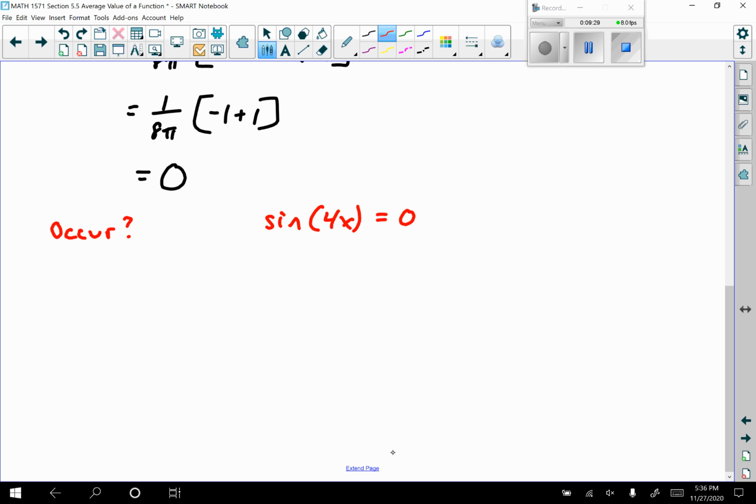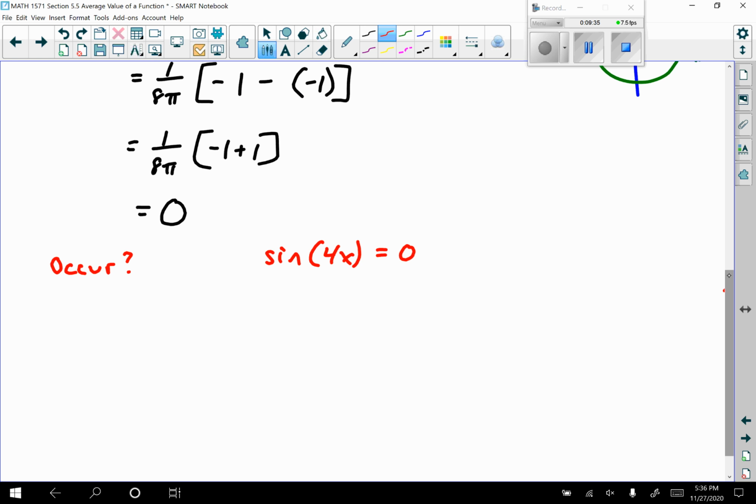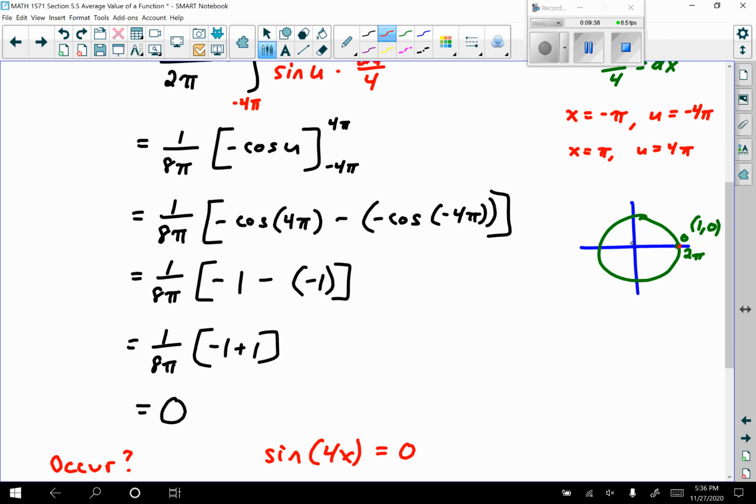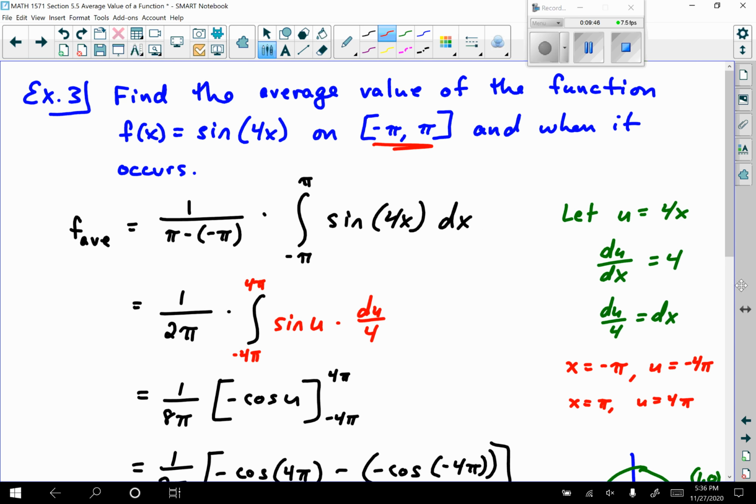And again, we can think of this as sine of what is going to give us 0. So we're at 0, sine is 0. At 0 it's also at pi, and then at 2 pi as well. But keep in mind, we have to stay between -pi and pi.